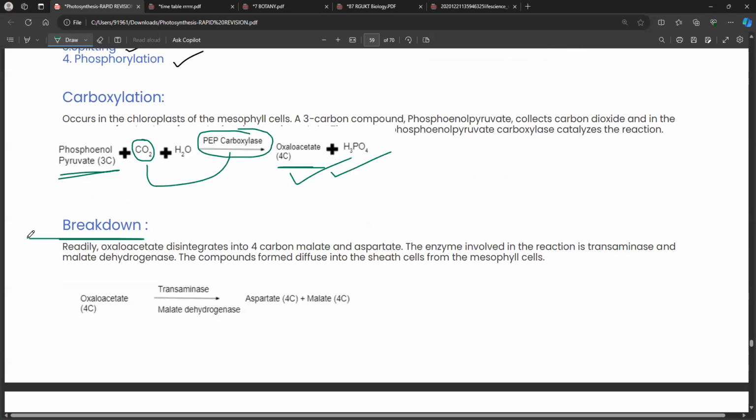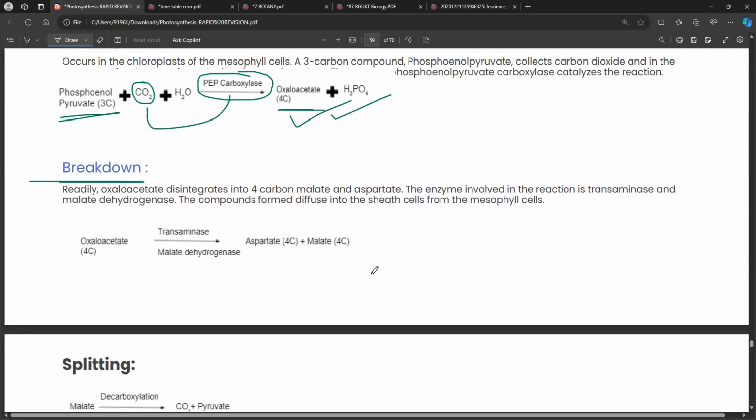Now, oxaloacetate cannot enter into the bundle sheath. That's why it is getting converted into either malate or aspartate. Now, you can ask me, sir, how does the oxaloacetate get converted into aspartate and malate? Very important, friends: by the enzymes transaminase and malate dehydrogenase.